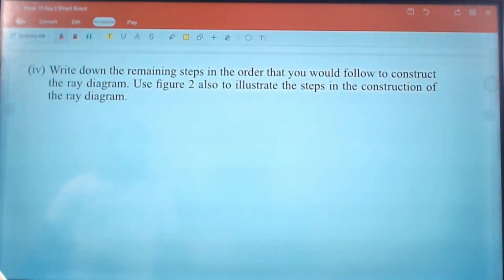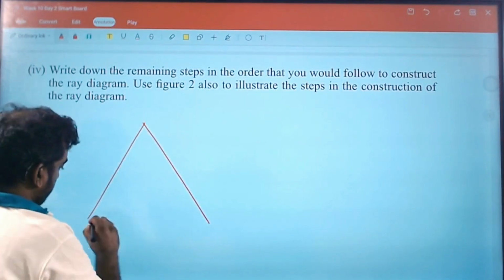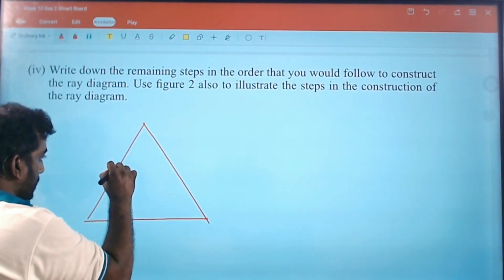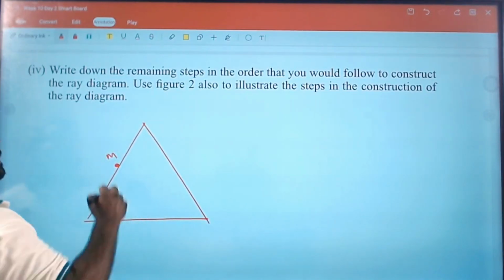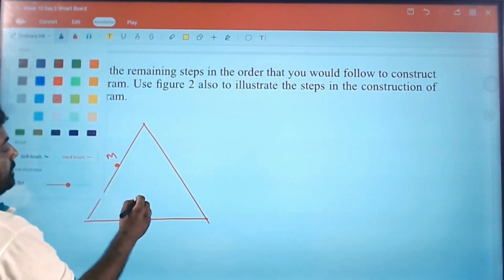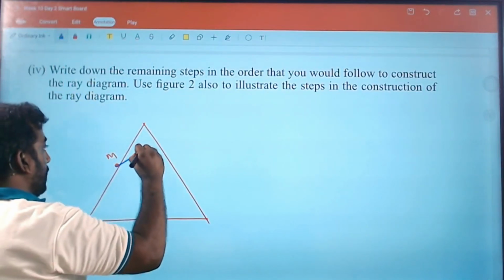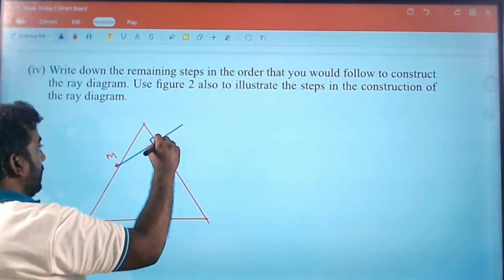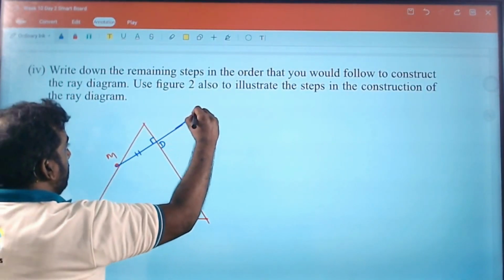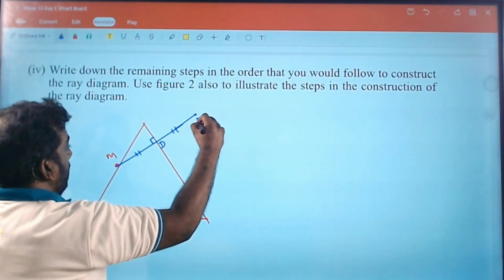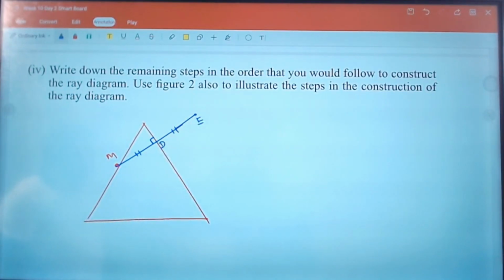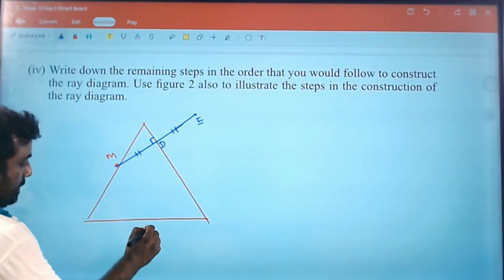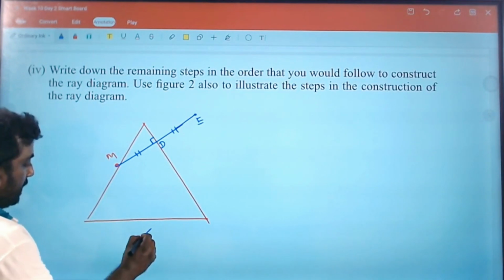Write down the remaining steps in order to construct the ray diagram. Use figure 2 to illustrate the steps necessary in your diagram. So what do you normally do? From M, draw a perpendicular to this point. Extend it until MD equals D. Join XY with a straight line.